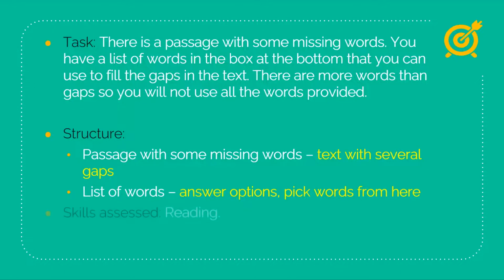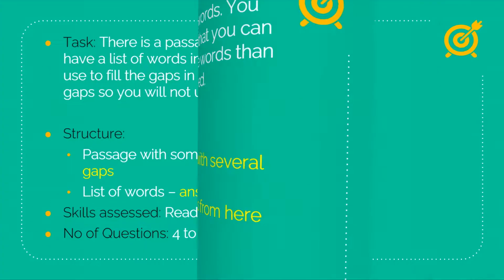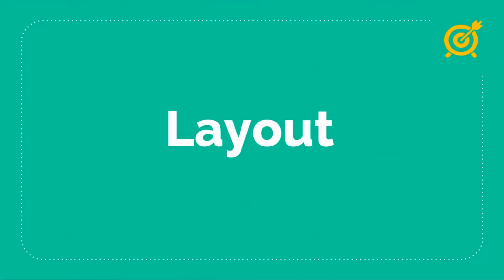The task will only contribute to your reading score, and you will get around 4 to 5 such questions in the real test. Again, this question type is very important if you want to score higher in the reading section.